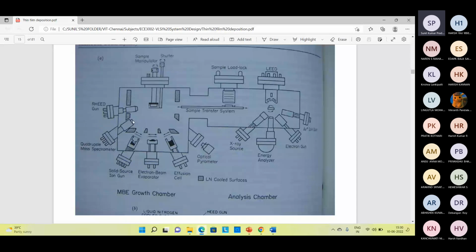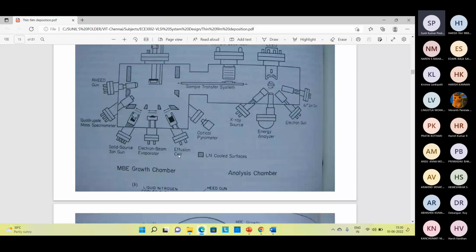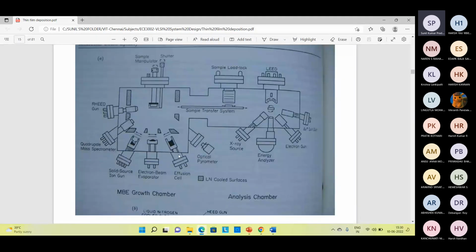That is called reflection high energy electron diffraction. That is the RHEED gun. And this is the X-ray source, energy analyzer, electron gun, and sample load lock system, and this is the sample transfer system. This is the shutter and sample manipulator, and we can deposit on the surface. So this is actually the MBE growth chamber, the schematic representation of this molecular beam epitaxy.